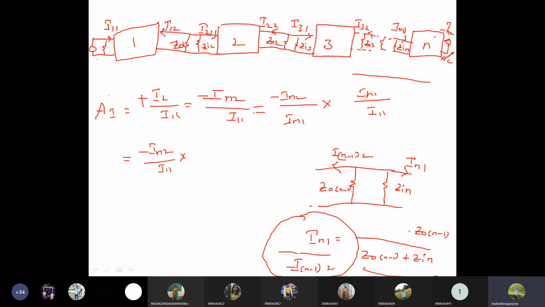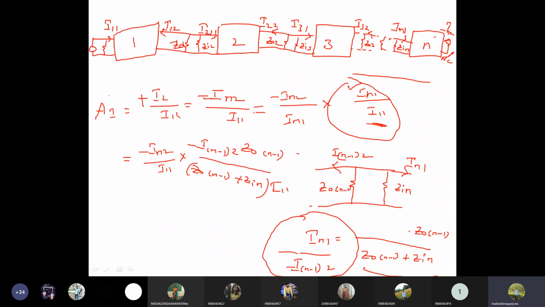Total output impedance comes, and the present stage input impedance comes. Okay, so from this you can write, in the place of I_in1 by I_in1, I can write minus I_in1 of 2 into Z0 of n minus 1 divided by Z0 of n minus 1 plus Zin into, here I11 is there, no?